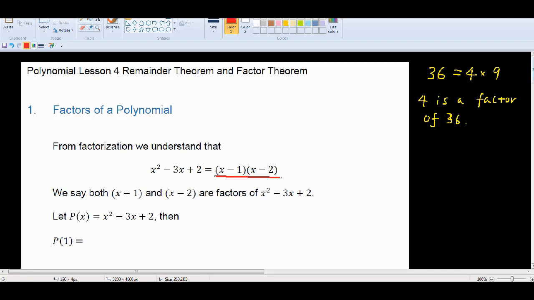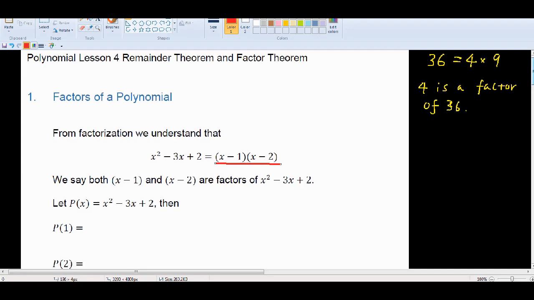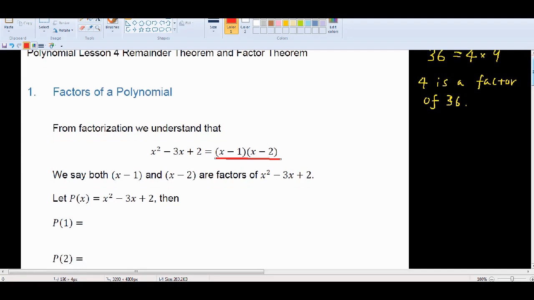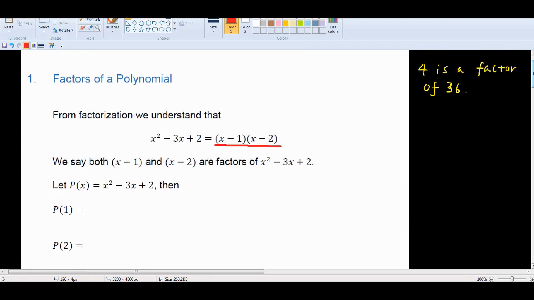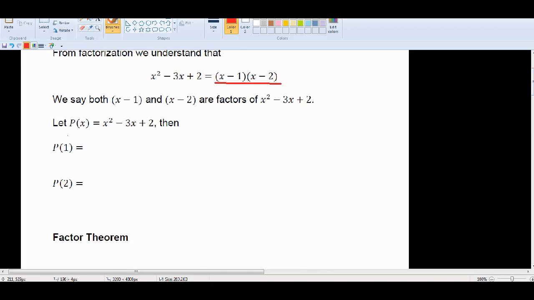So the special thing about using factor theorem to check whether something is a factor is like this. First, let's see if you put 1 into P(x), that's a value of a polynomial. Then we're going to see what happens.